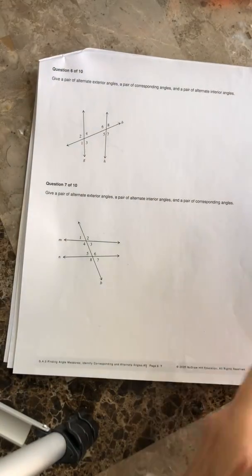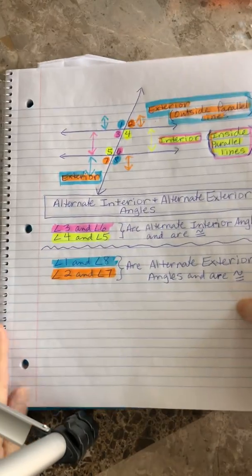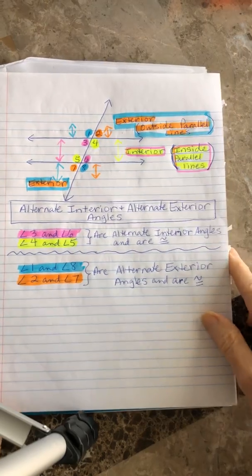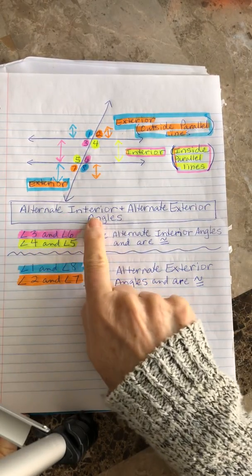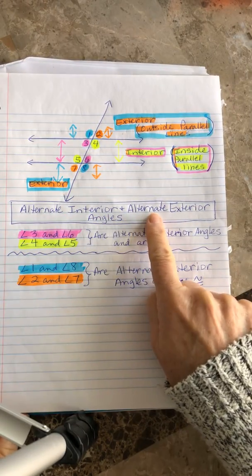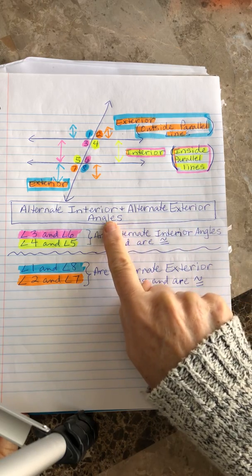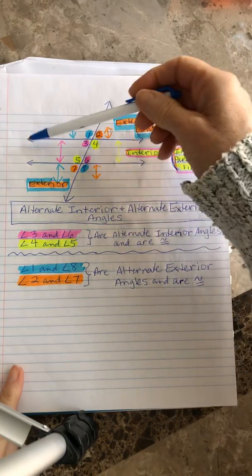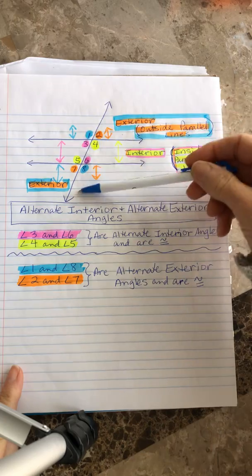Okay? The other way you have to look at these angles, we also can name another set of angles. They're called alternate interior and alternate exterior angles. Okay, so again, there's the 2 lines cut by the transversal.